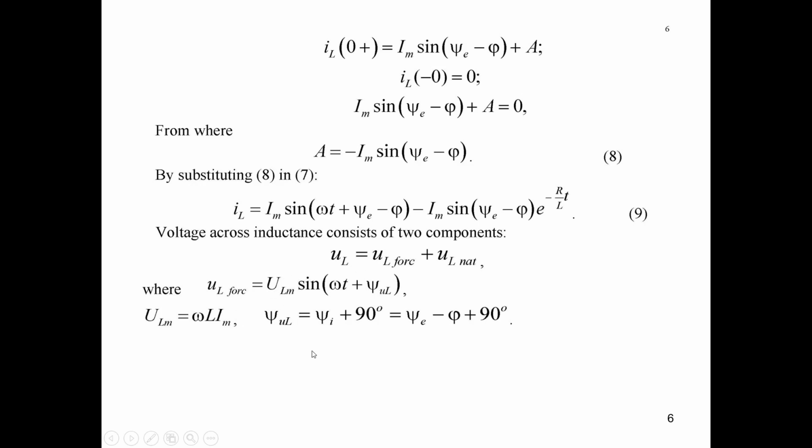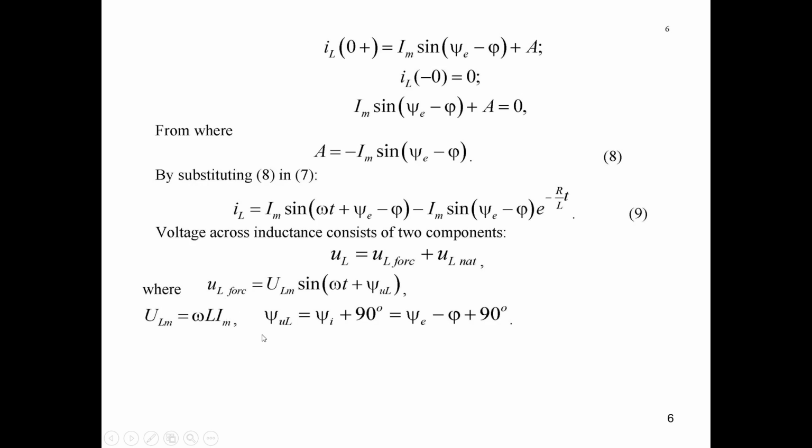And you should remember from the previous course that voltage drop across inductance leads current through inductance by 90 degrees, because we can write down that the UL phasor equals j omega L times the I phasor.